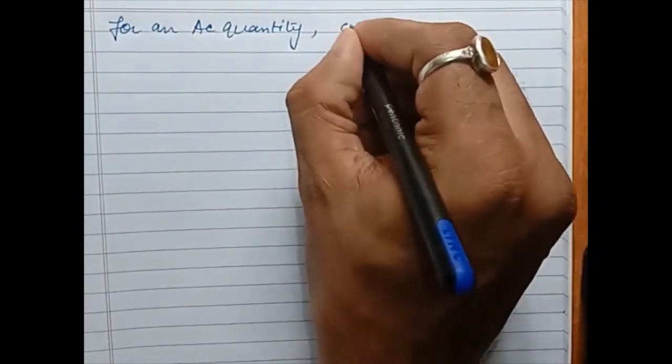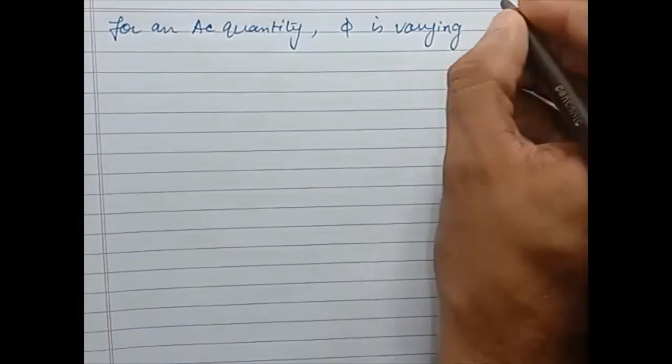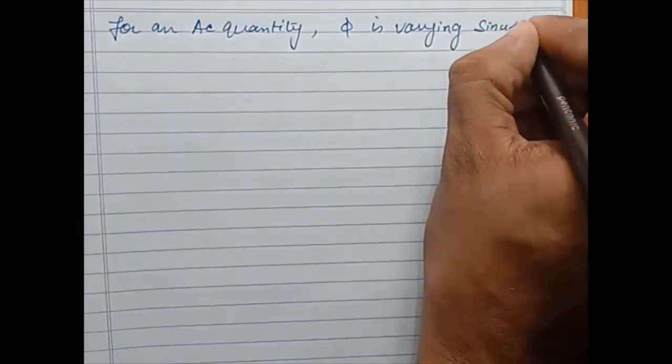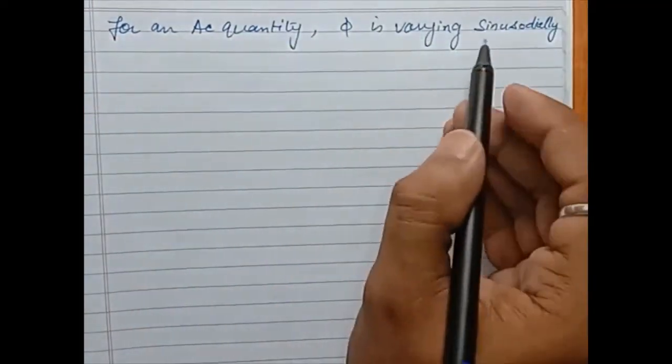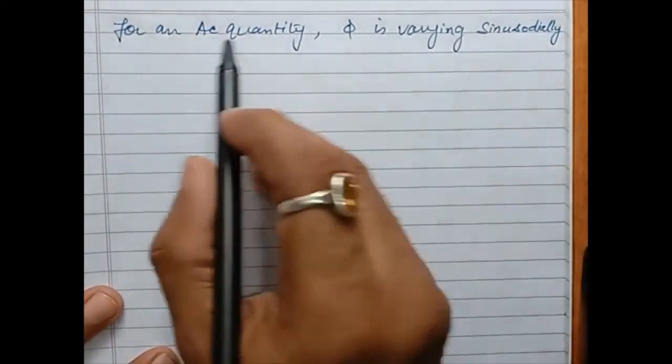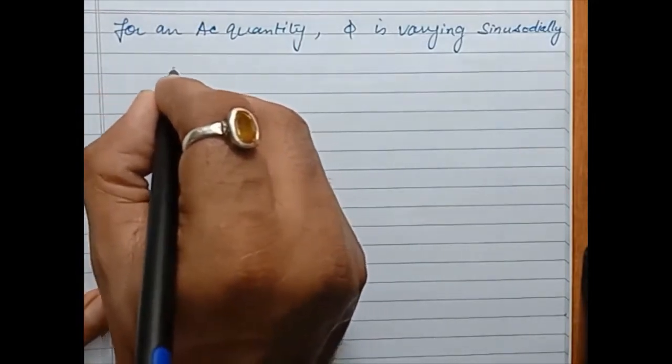Now next, for an AC quantity, phi is varying sinusoidally, which means it is an AC quantity. We can consider a factor known as form factor.